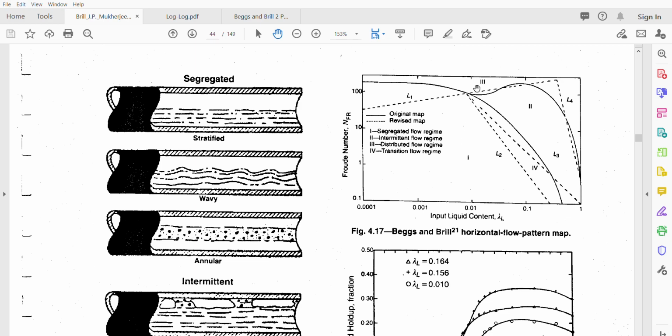Everything above L3, below L4, and also below L1 is called intermittent flow. Everything above L1 and above L4 is called distributed, and everything between L2 and L3 is called transition flow.